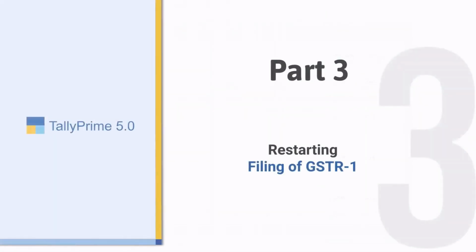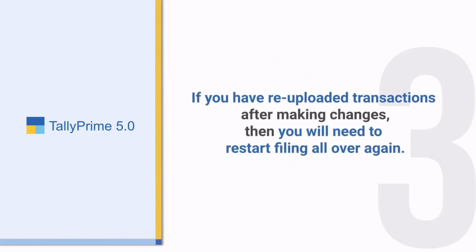Let's see how to restart filing GSTR1 all over again. You might have uploaded the data and then started filing GSTR1. However, due to network issues or other interruptions, the filing might have got discontinued. Thereafter, if you make changes to transactions, then you need to re-upload such changes from TallyPrime to GSTR1 and start filing again.